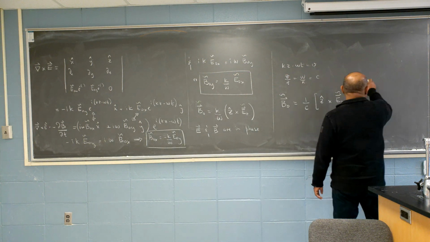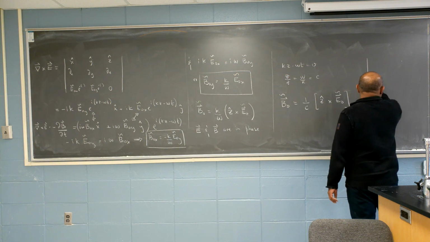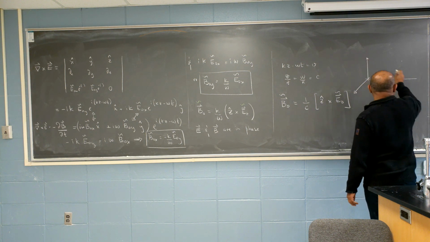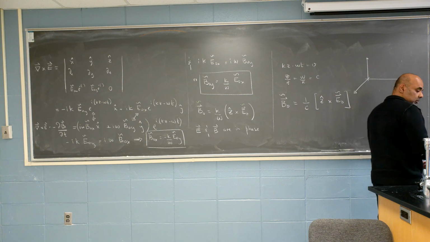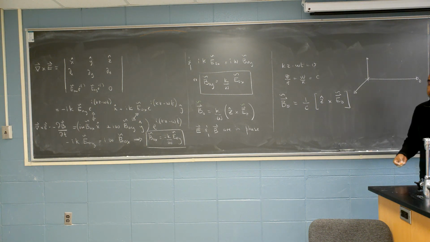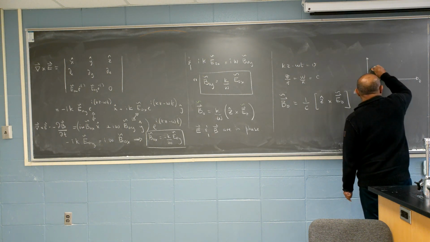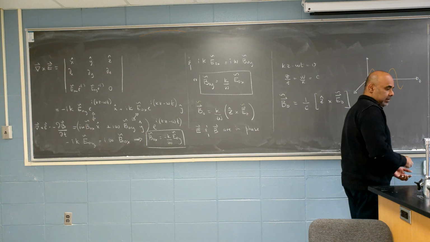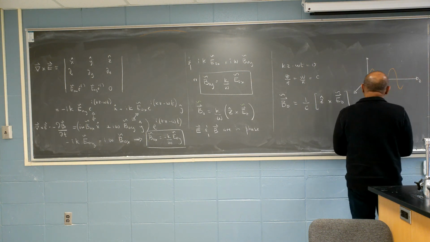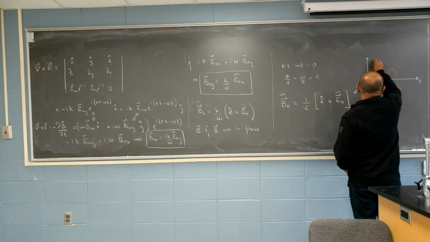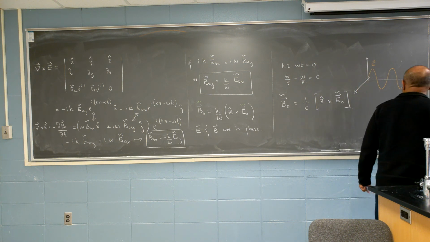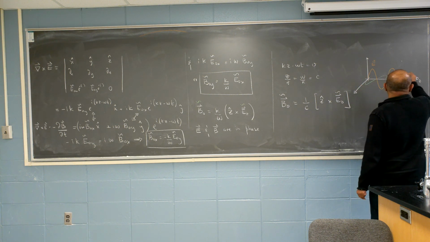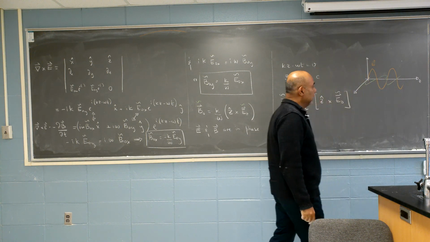So now I got it right the first time. Good chance I'll botch it up this time. This is my electric field. And this, so this is E. And this is my B. Yeah?